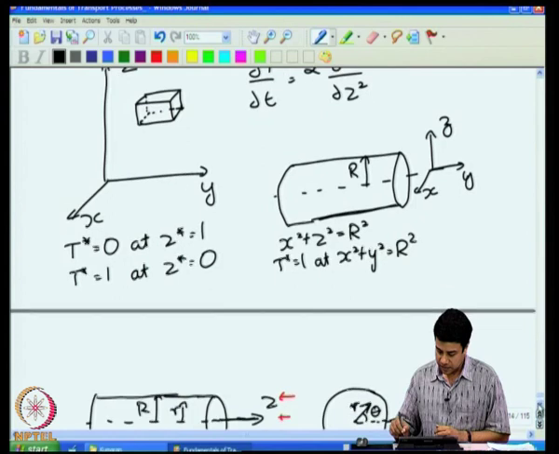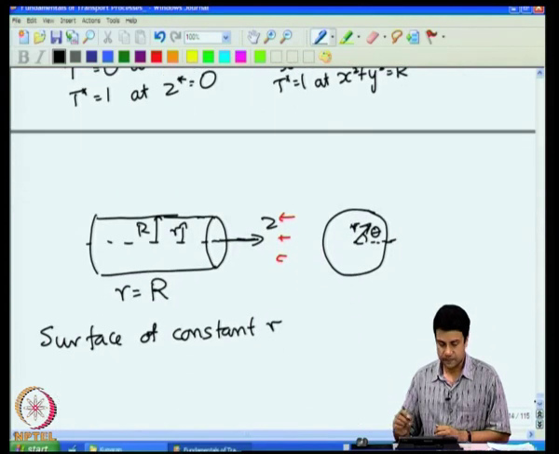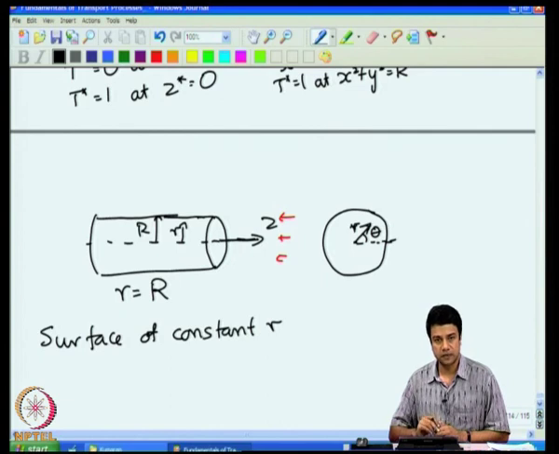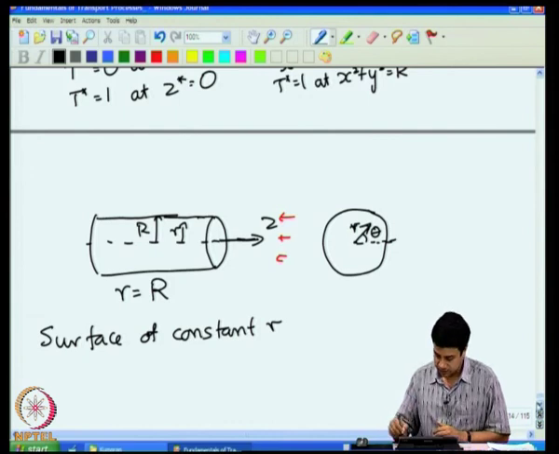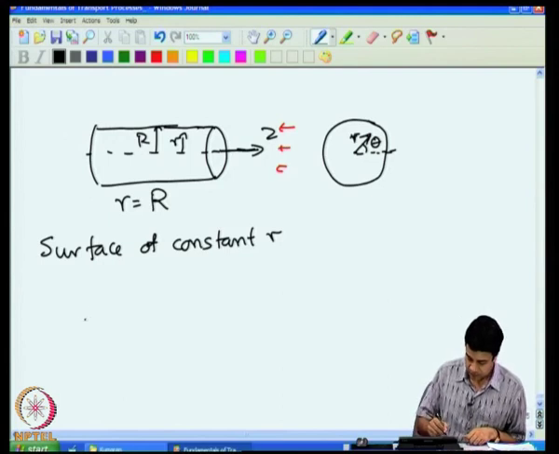In a similar manner, when we choose a differential volume in a curvilinear coordinate system, that differential volume also has to have surfaces of constant coordinate. We saw how to do that in the last lecture. Let us say we have a cylindrical coordinate system.